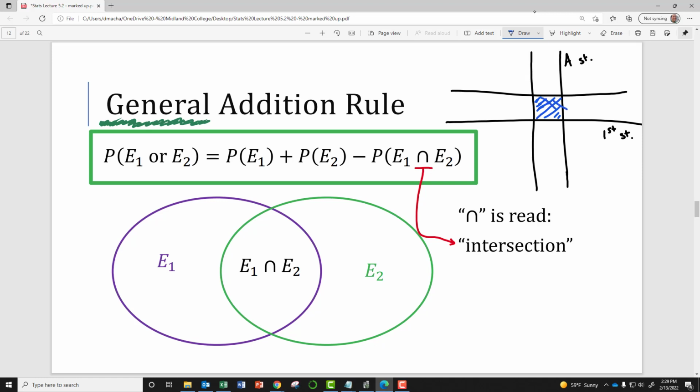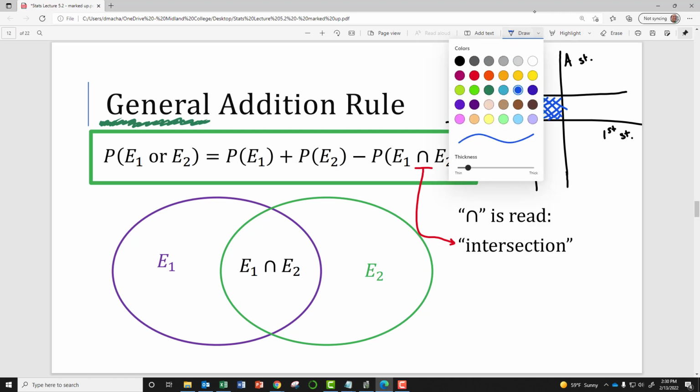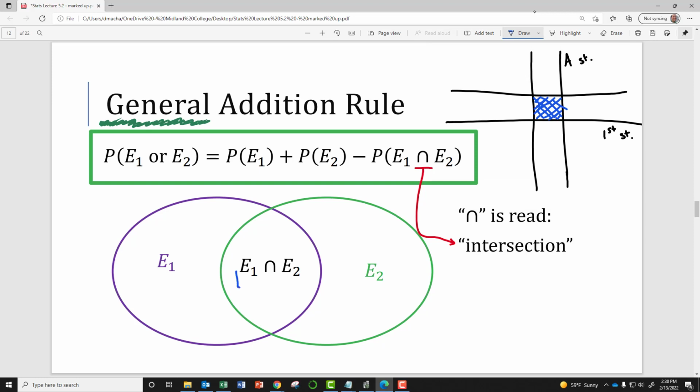Maybe you're seeing a parallel too. Whenever we talk about the intersection in probability, we're talking about outcomes that belong to more than one event. Well, this little patch of asphalt belongs to more than one street, so it's an intersection. And again, on the Venn diagram, this intersection would be right here, belonging to both events.